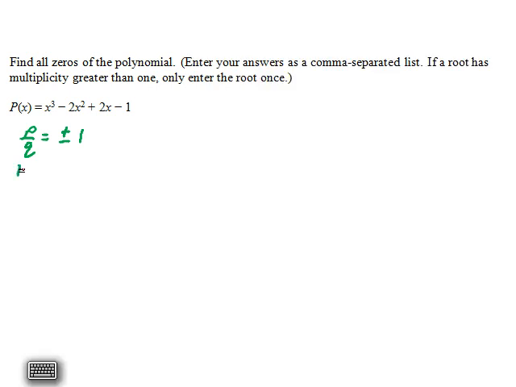We can also notice that p of 1 is equal to 1 cubed minus 2 times 1 squared plus 2 times 1 minus 1, which is 1 minus 2 plus 2 minus 1, is in fact 0.